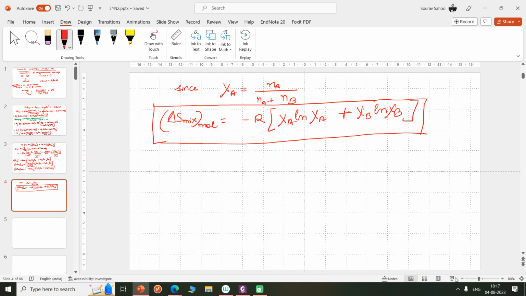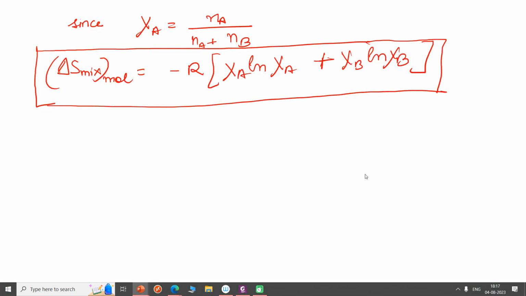Okay, so moving ahead, we have seen the calculation of configuration entropy in a system and how it affects it.